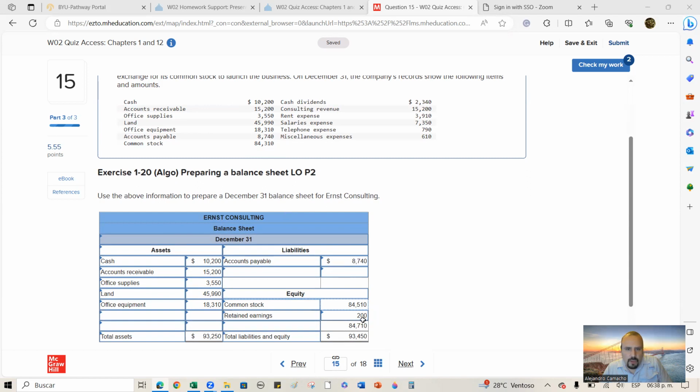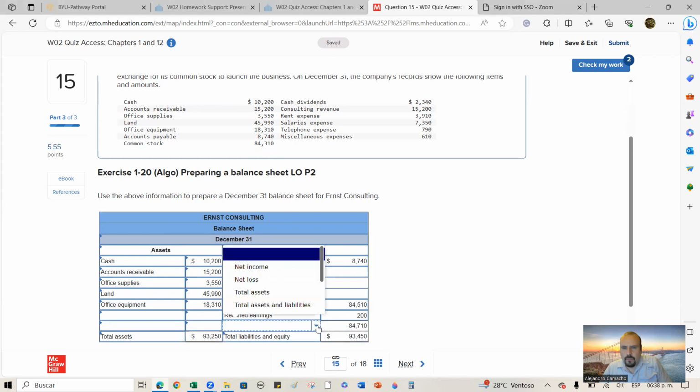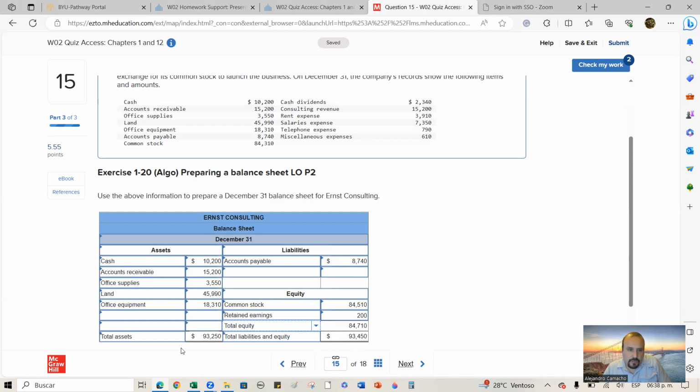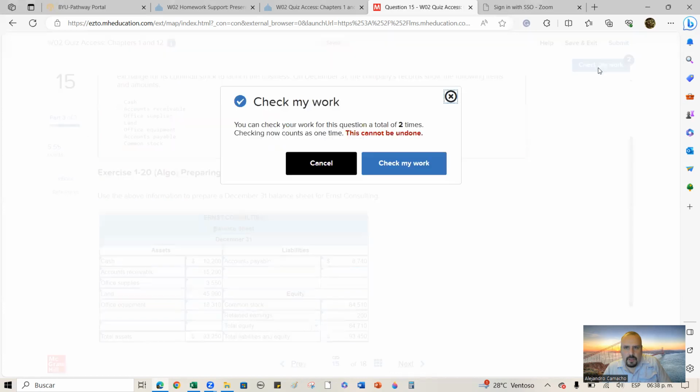So we got a summary of all the equity. So this is the total equity, right? This amount. So if we summarize equity and liabilities here, we got this, right? Total liabilities and equity, which corresponds to the total assets. So we can say this is in balance.